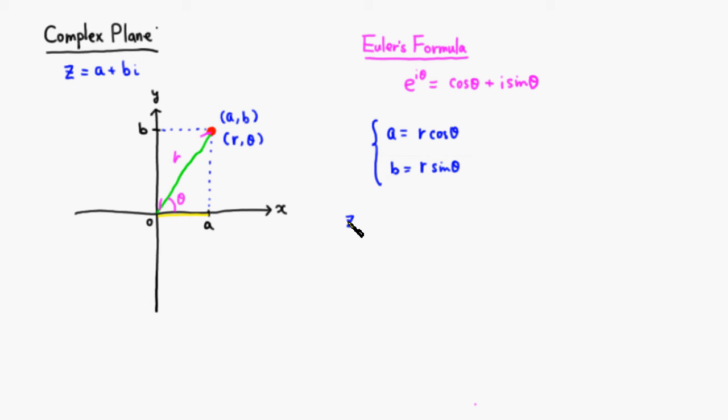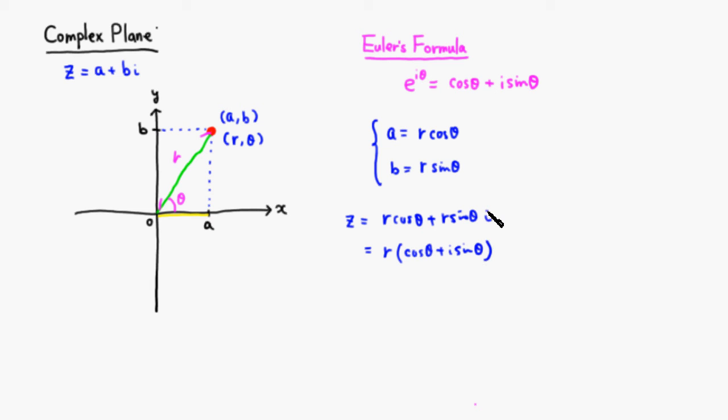Then we can talk about the original z. Since z is a plus bi, this is the same thing as r cosine of theta plus r sine of theta i. Since r is in common, I'm going to pull out r, and then you have cosine of theta plus i sine of theta.